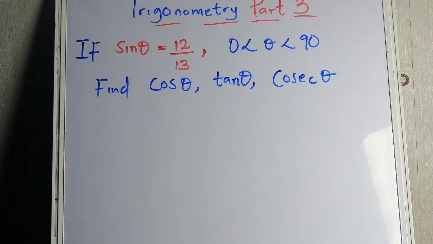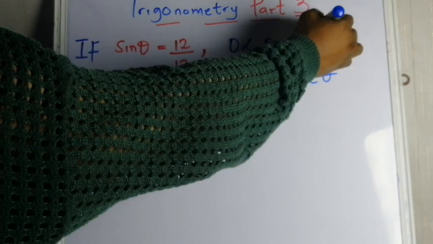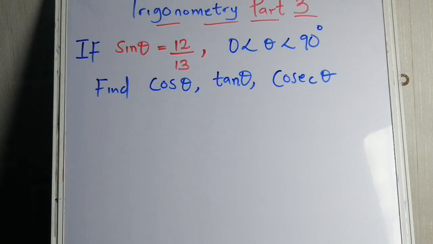Now, if sine theta equals 12 over 13, and 0 is less than theta, is less than 90 degrees, you should know that it's telling you that it's a right angle triangle. Find cos theta, tan theta, and cosec theta.